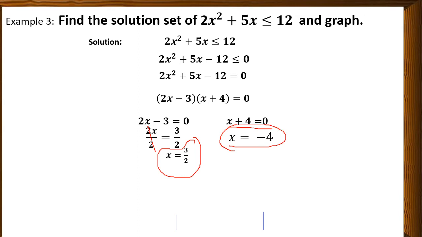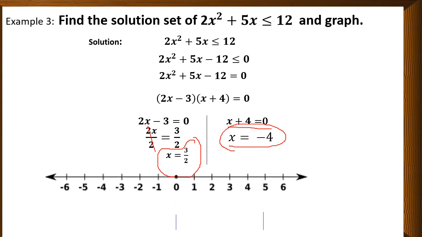Now we are going to plot the roots on a number line. This time we are going to make use of a solid circle because we have here less than or equal to. So we have to locate negative 4 and 3 halves. 3 halves is actually equal to 1 and 1 half.